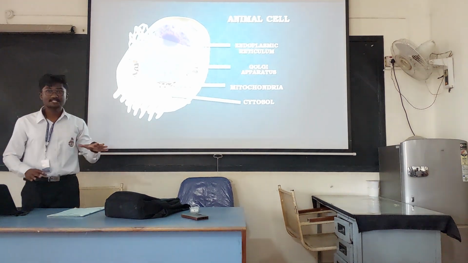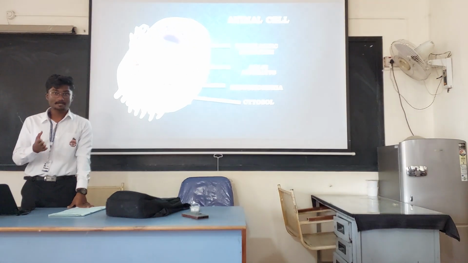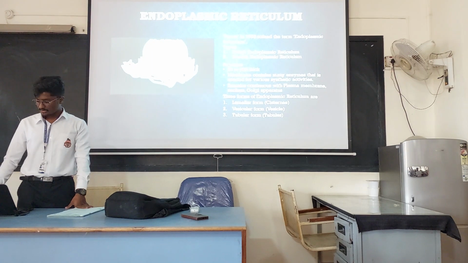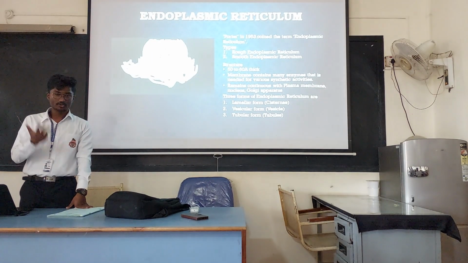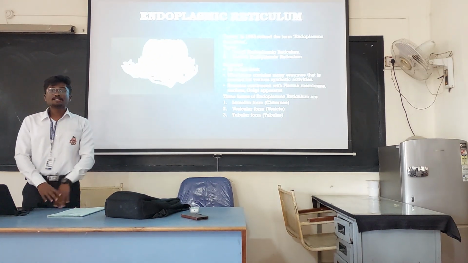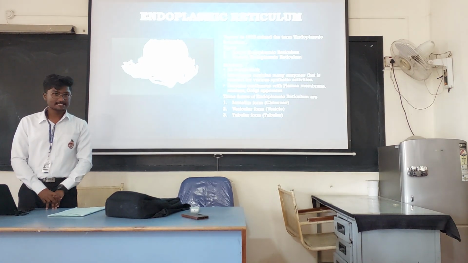So it forms the structure and framework of a cell. It gives support to the cell. That is the first function, and it helps in transportation and secretion; lipid secretion and protein secretion take place in the endoplasmic reticulum. This endoplasmic reticulum is also known as the intracellular circulatory system.